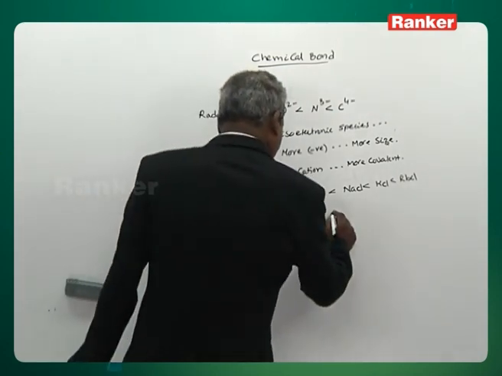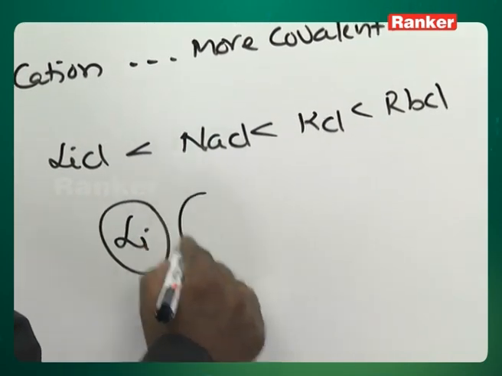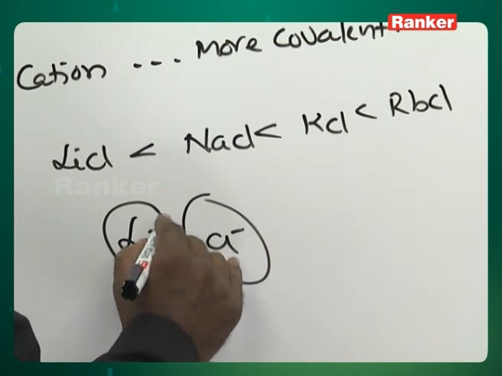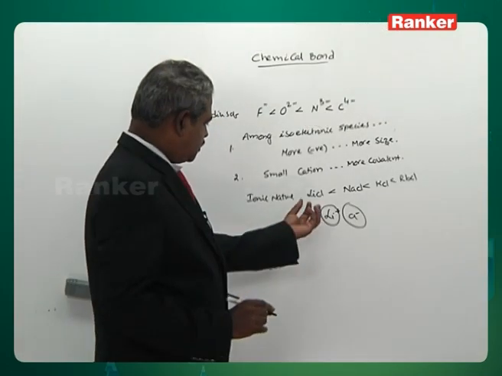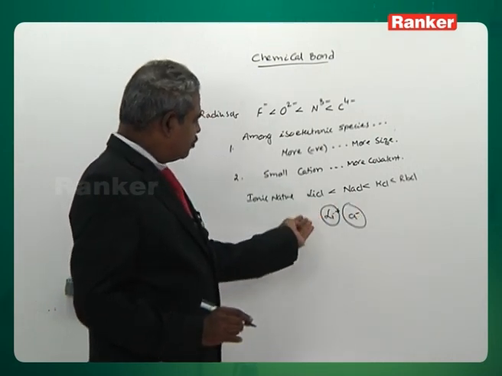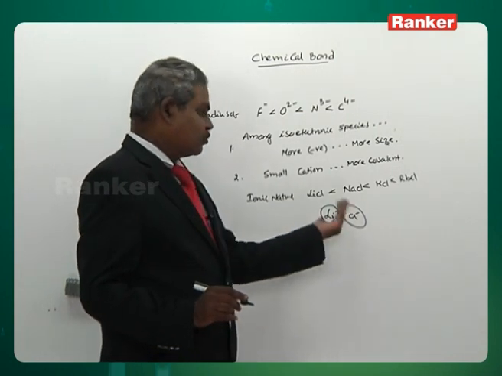What does it mean? Lithium being a small ion, Li plus Cl minus. Since this positive charge is very small, the negative charge is once again attracted. Lithium no doubt gives an electron to chlorine, but it also pulls the electron more towards itself.